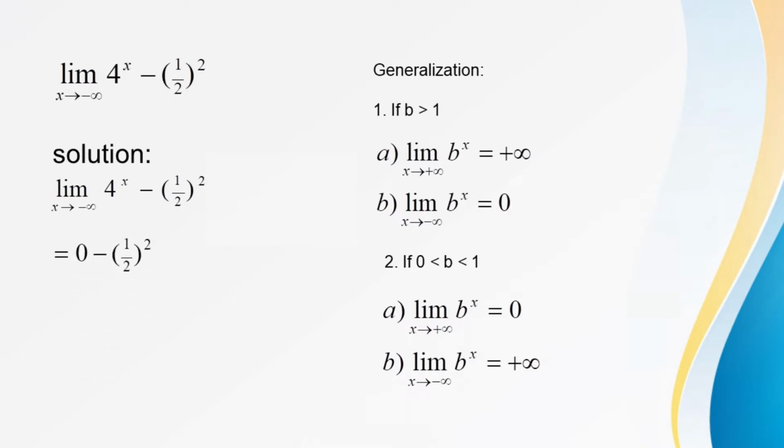After that, we have 0 minus the quantity 1/2 squared, which gives us 0 minus 1/4. We simplify by subtracting 1/4 from 0, which gives us negative 1/4. Therefore, the limit of the exponential function 4 to the power of x minus 1/2 squared as x approaches negative infinity is negative 1/4.